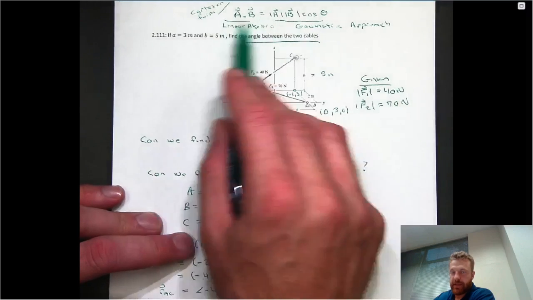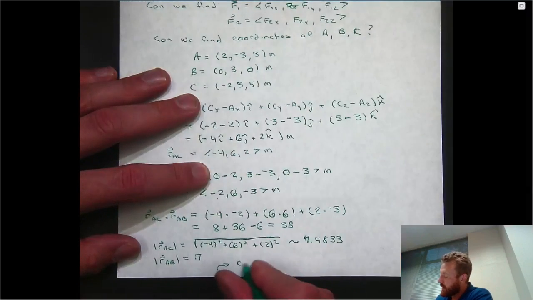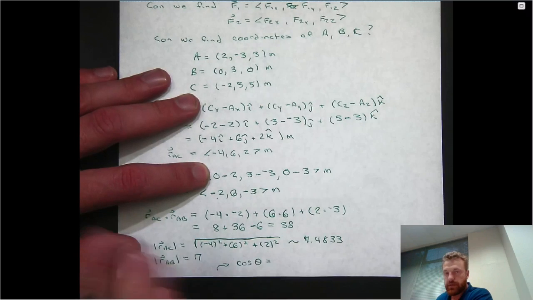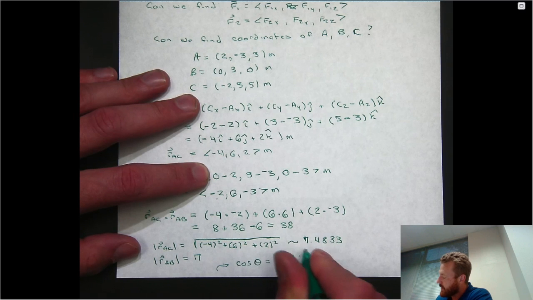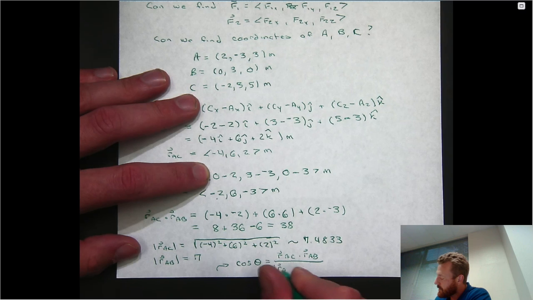So if you go back to the original expression that relates the dot product in linear algebra form to the dot product in the geometric form, what we can find is that the cosine of the angle between two vectors is the dot product of the two vectors, in this case RAC and RAB, divided by the magnitudes.